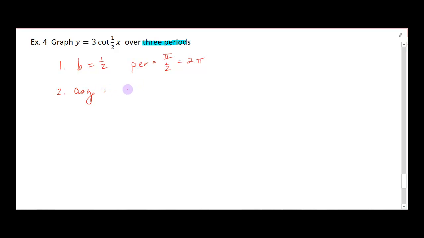And again, the asymptotes for cotangent are found by bx is equal to 0 and bx is equal to pi. So I'm going to replace b with 1/2 and solve for the variable x. And in this case, I find out that x is equal to both 0 and 2 pi. Now these are the vertical asymptotes that I'm going to mark on my graph, 0 and 2 pi, and I also want to remember that the period is 2 pi.